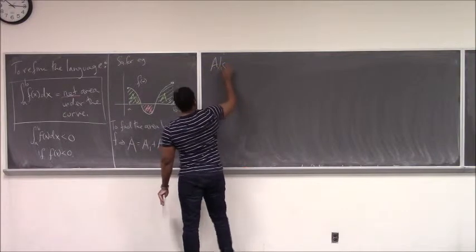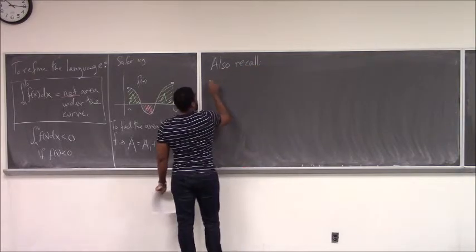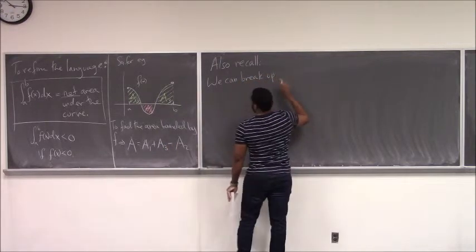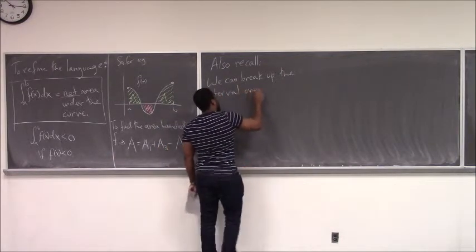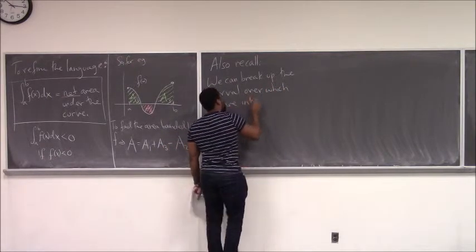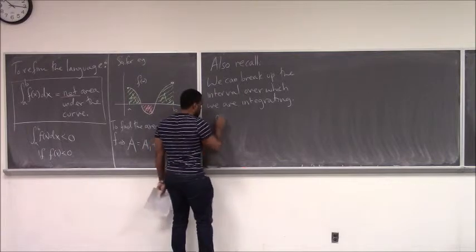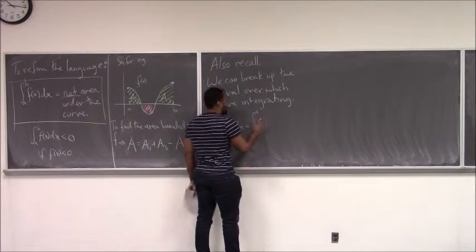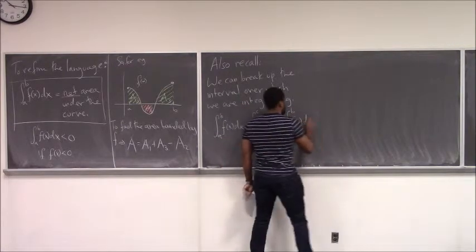Also recall, I did mention this before for sure. I did justify this using the fundamental theorem of calculus, so if you have the integral from a to b of f of x dx, you could introduce convenient breaks into this guy like that.